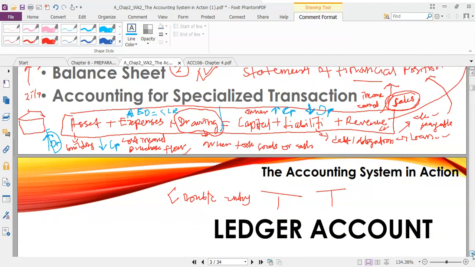So kena ingat kalau capital bertambah, increasing, so we must put in credit side or debit side? Kalau capital, liability and revenue, element tu amount dia bertambah, increase. So we must put in what side? Credit side or debit side?